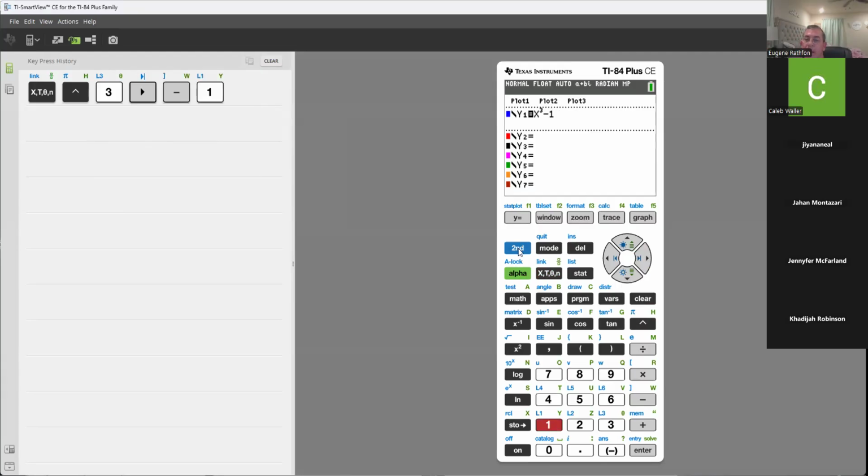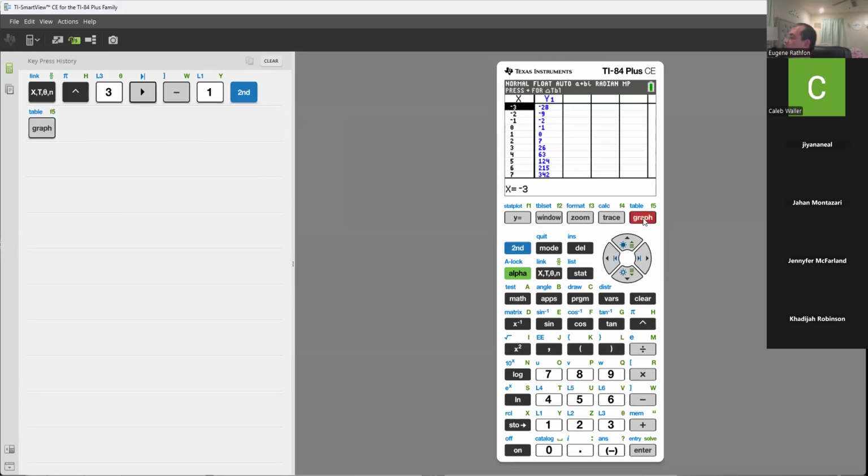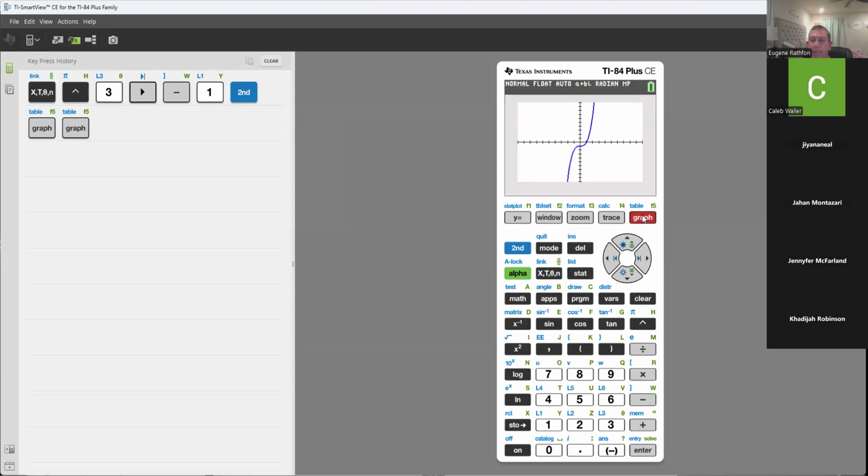So if I want to see the table, I'm going to hit second graph. And there's your numbers. So see if you pick a 3, that's a pretty big y value to try to plot. So I would probably keep my x's in between that -2 and +2. All right, let's see the graph. Hit graph. And there you go. Little squiggly line going uphill, left to right.